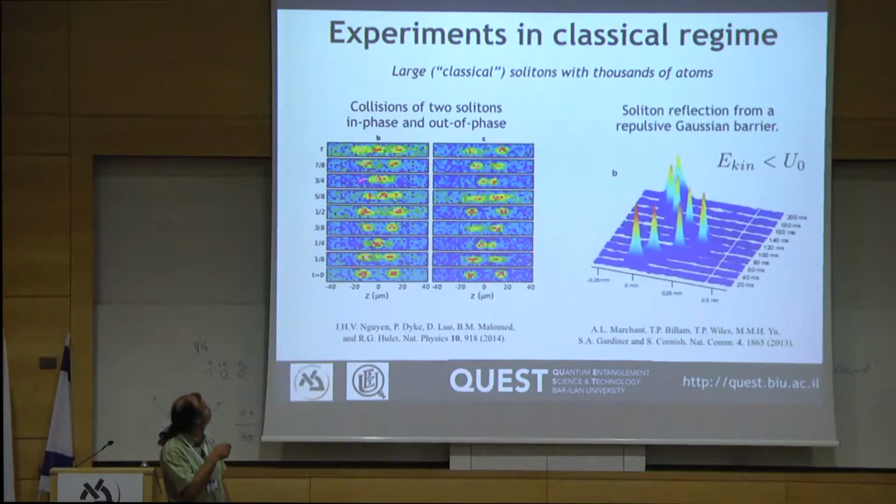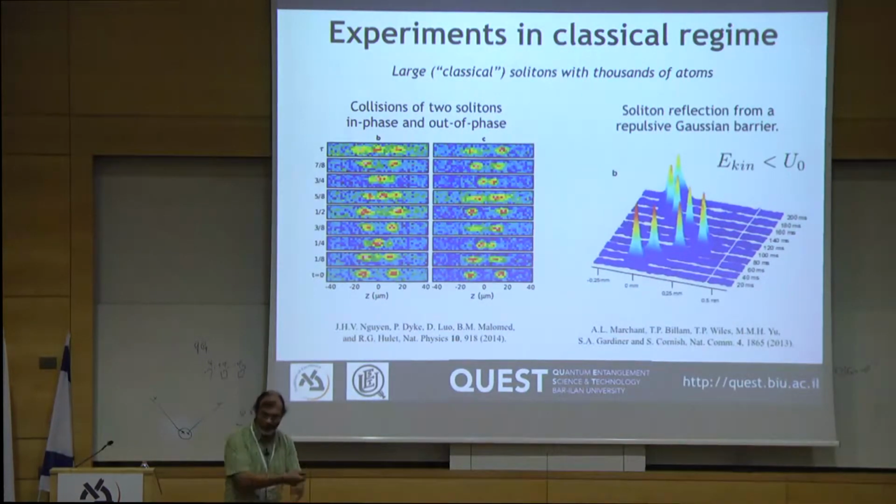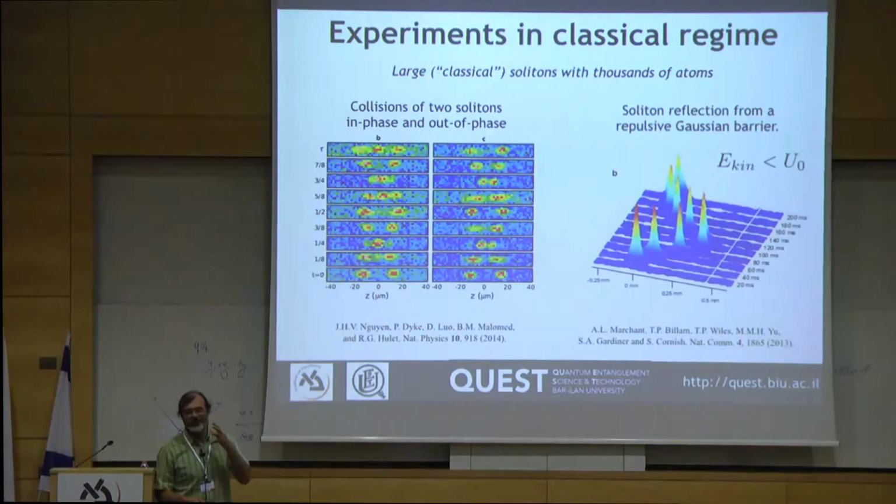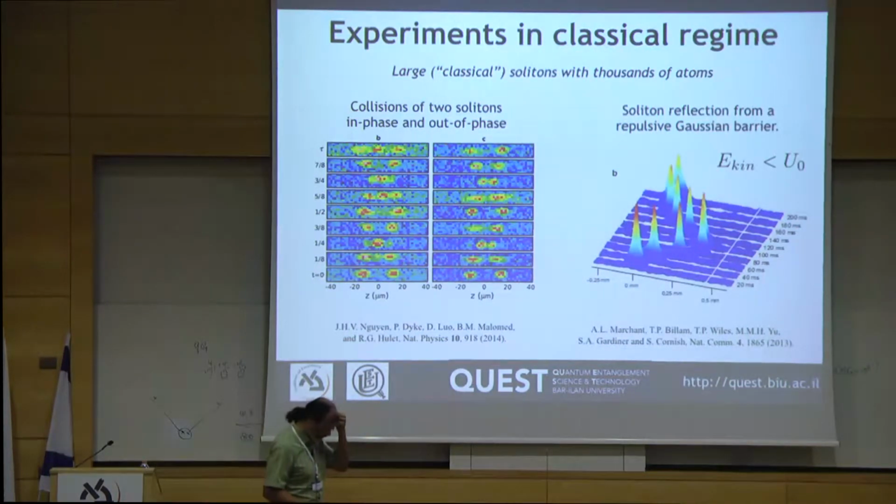Here, for example, is the collision between two solitons. You take two solitons and collide them, and this part describes an in-phase collision. They actually go through one another. This is one possibility to see what's going on, but another possibility is to consider it as an interference between two wave packets.